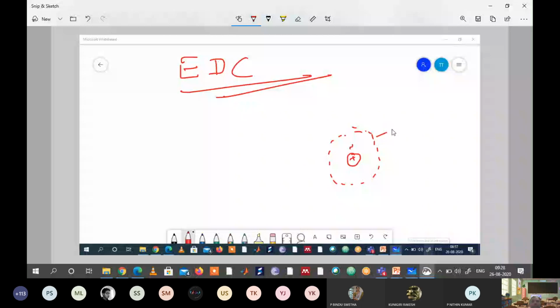Now, what is this nucleus? The nucleus is a positively charged particle. You can see a plus sign I am keeping there, because it is a positively charged particle. It is a combination of protons plus neutrons. Protons are always positively charged particles.